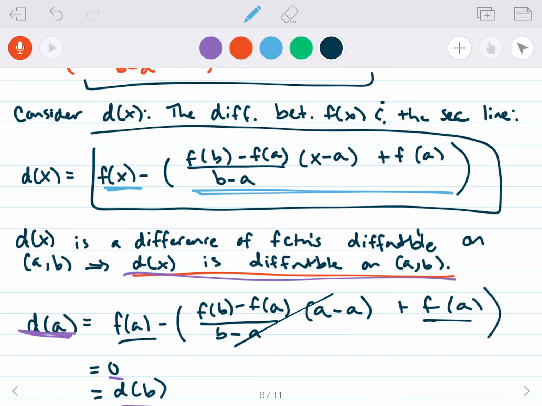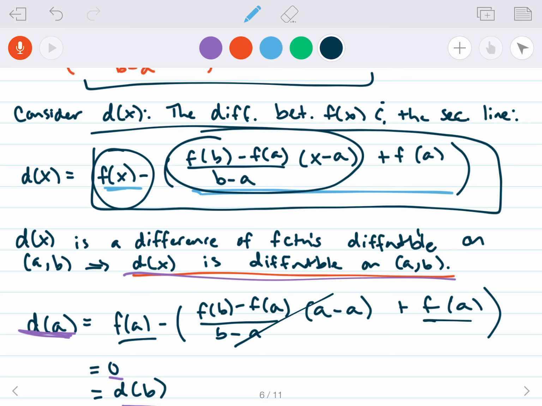And so when I take the derivative of x minus a with respect to x, well, you can think of it as taking the derivative of that whole thing. You're going to get f of b minus f of a over b minus a, because this is just a constant times x.